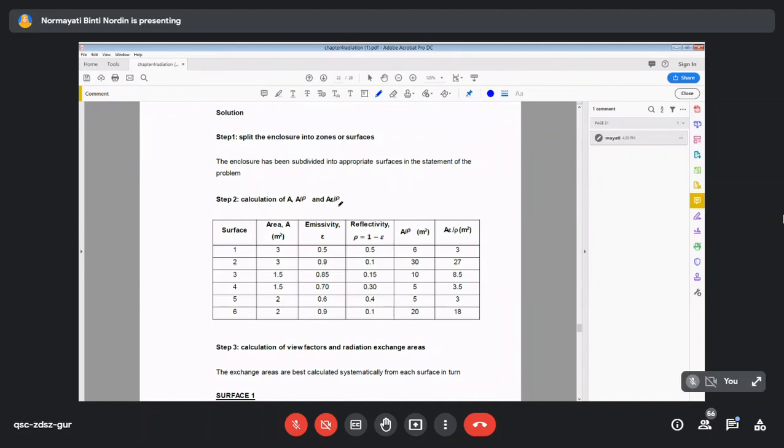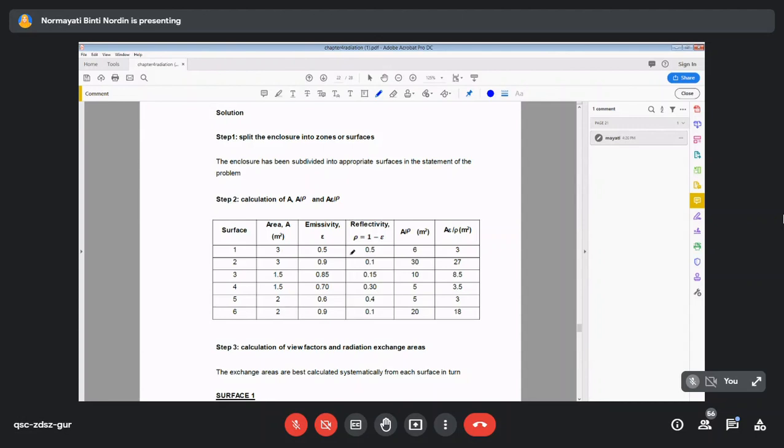The solution for grey surfaces is long, that's why you need to do it systematically. It is not like a normal analysis, so you have to solve it step by step. Just follow the steps. You have 6 surfaces, so you calculate the area for each surface.